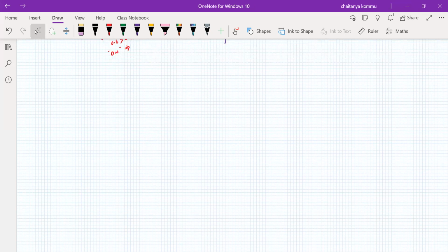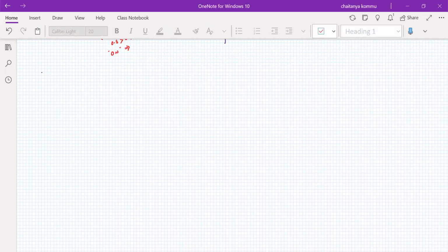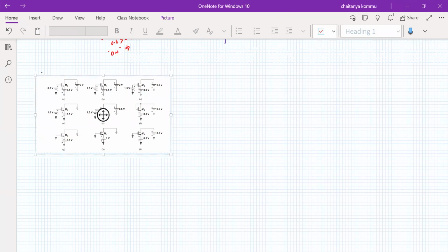So I'm going to give you homework for tomorrow's class. Everyone in the class has to solve this problem and come to the class. Once this is completed, then only we will move forward. If not, I cannot move forward. So this is the homework that I'm giving.